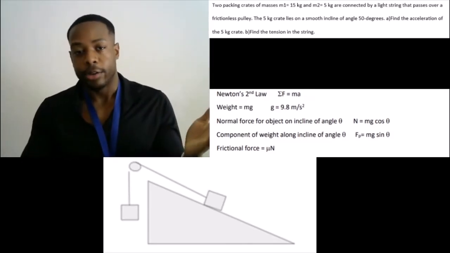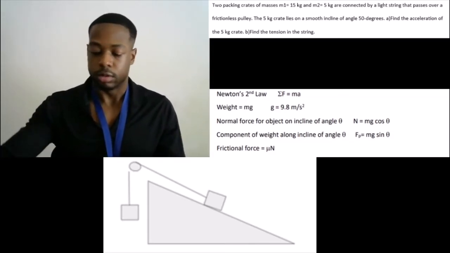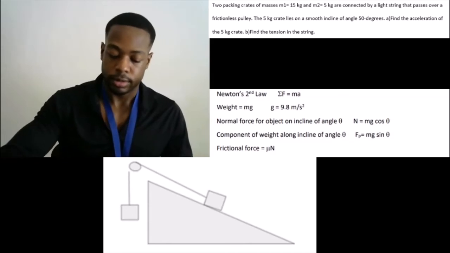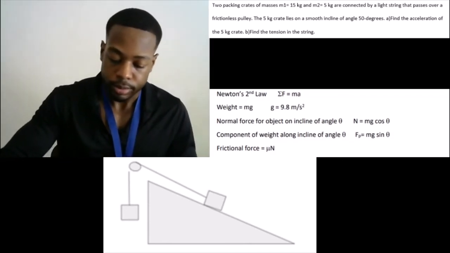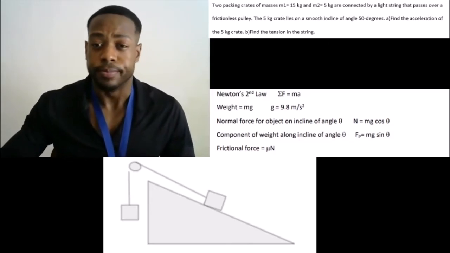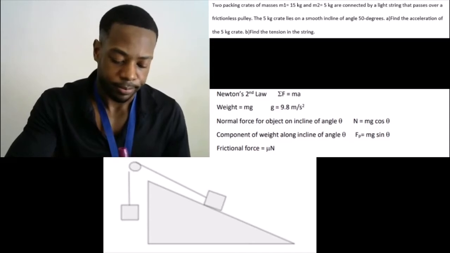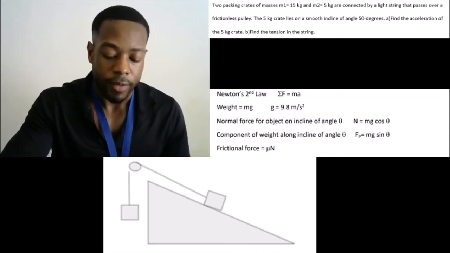We've got all our values that we need, so we can plug those in. Let's make some more space. We've got mass 1, which is 15. Gravity, which we know is 9.8.